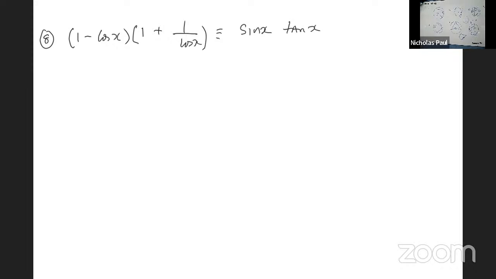Now, just multiply. Write it down. The right hand side is just multiplied in the middle there: sine x tan x.